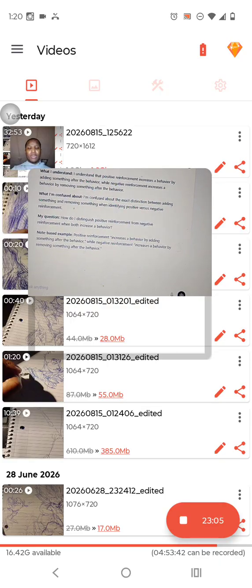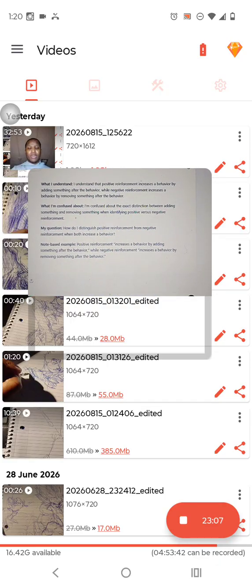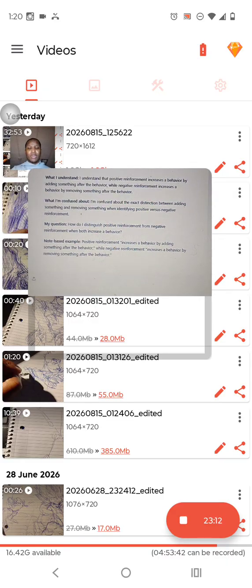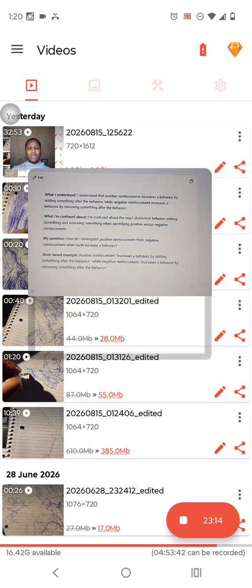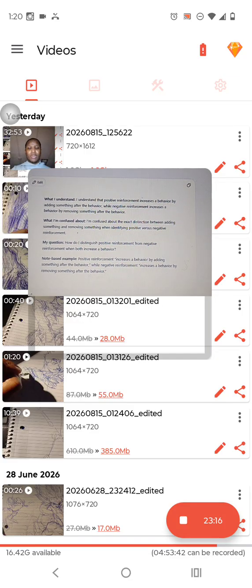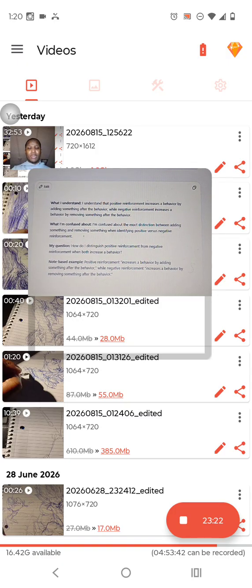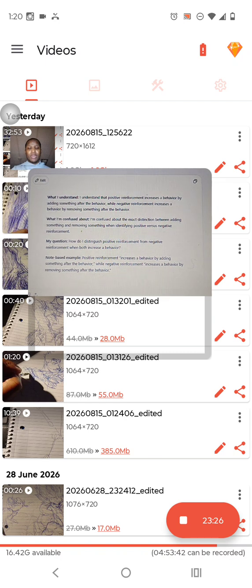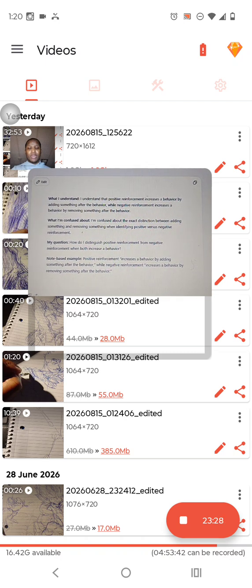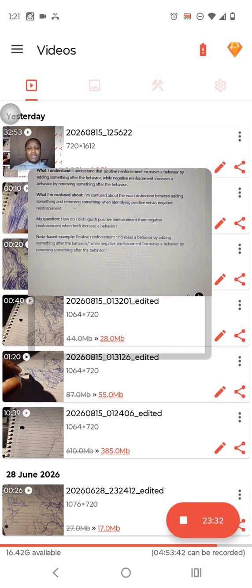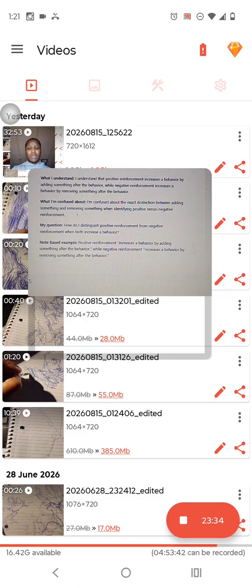What I understand is that positive reinforcement increases a behavior by adding something after the behavior, while negative reinforcement increases a behavior by removing something after the behavior. What I'm confused about is the exact distinction between adding something and removing something when identifying positive versus negative reinforcement.